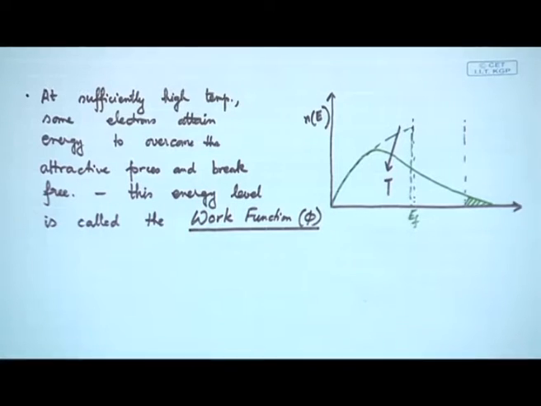So, this is what is happening. As I keep increasing the temperature of the emitter surface, some of the electrons will attain energy beyond the work function, and therefore, they detach from the surface and move towards the collector surface. As it reaches the collector surface, it gives up its energy, and the energy level comes down to the Fermi level of the collector surface.